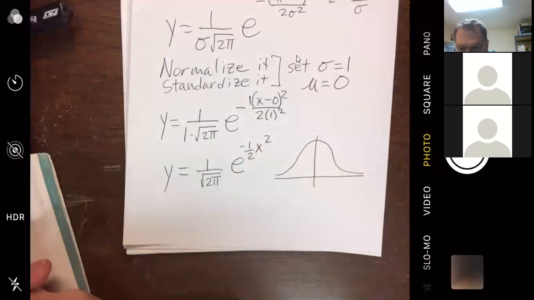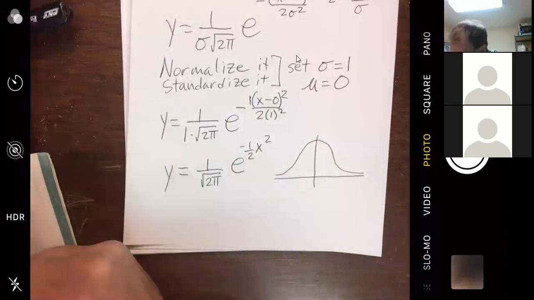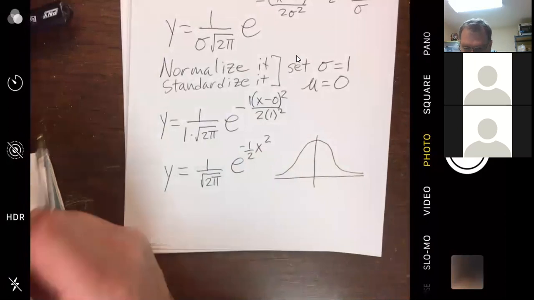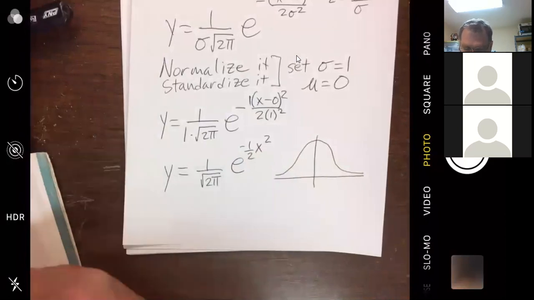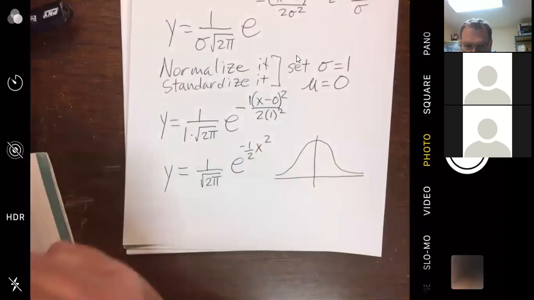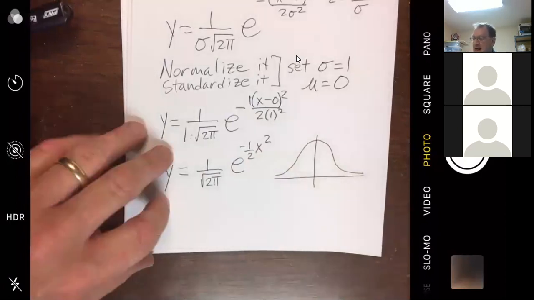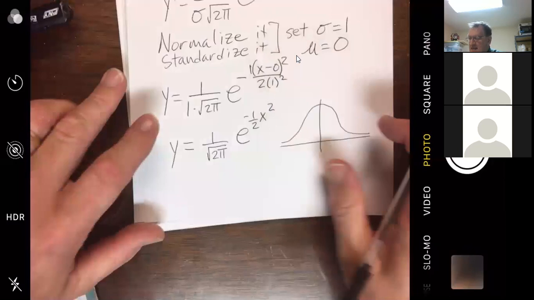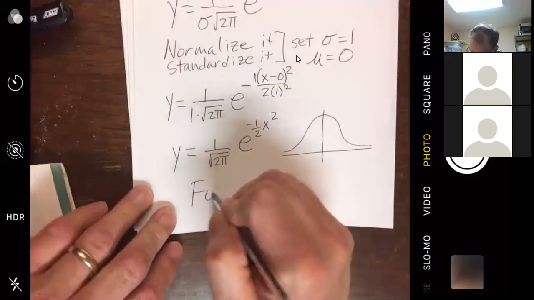I'm a believer. You believe. All right. Because it would take about another 10 minutes to enter all the stuff on the calculator to prove it to you. But I don't need to do that. We all believe. Okay. That's the formula for the curve.